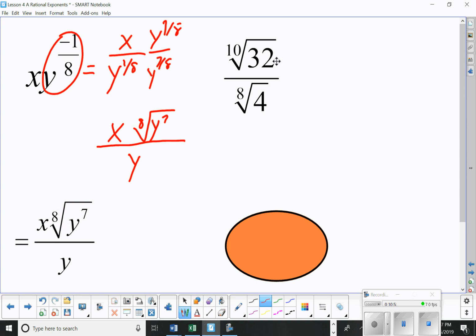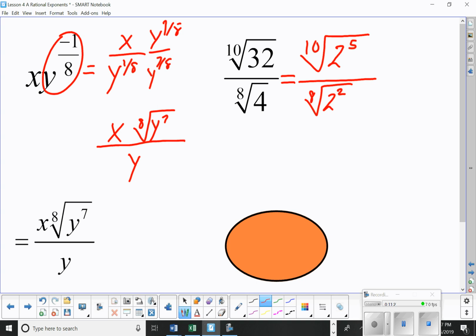Now, before you get too fancy here and you think you can do 32 divided by 4, you have a 10 and you have an 8. The indices are not the same. But 32 and 4 can be rewritten using the same base. I can rewrite the 10th root of 32 as the 10th root of 2 to the 5th. I can rewrite 4 as 2 squared.